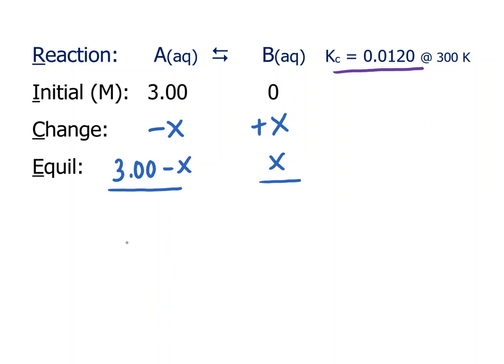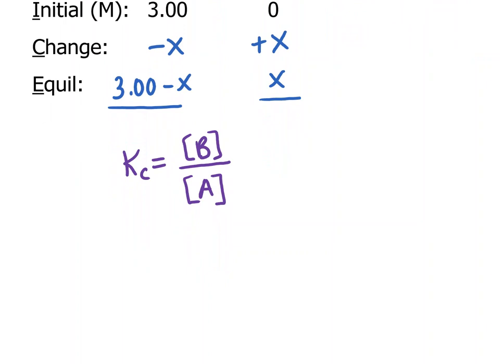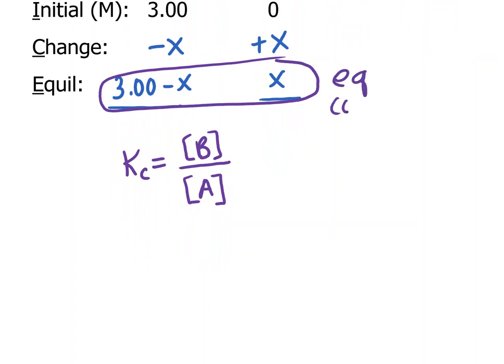Let's write our equilibrium constant expression, product over reactant, and none of them have exponents because the coefficients are 1. Okay, and then I'm going to plug in these because they represent my equilibrium concentrations.